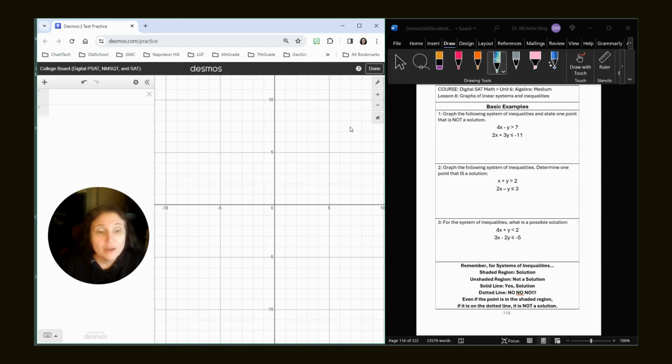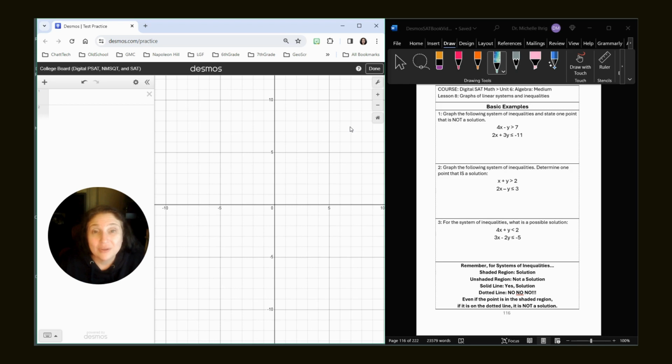Number 1. Oh, forgot. Let's read what I put in bold print first. Remember that for systems of inequalities, the shaded region is great. That's what we want. That's the solution. Anything in the shaded region is the solution. In the unshaded region, it is not a solution.